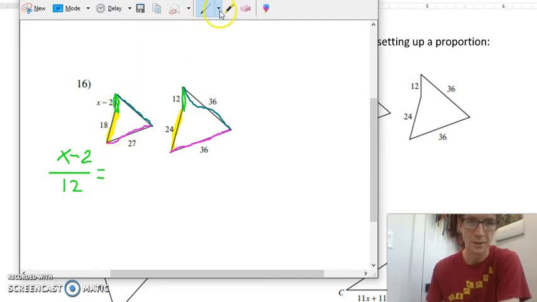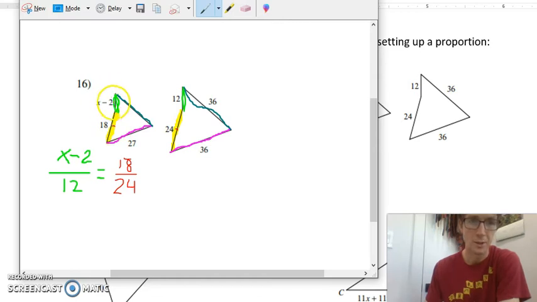And I'm not going to write it in yellow because that wouldn't be too easy to read, so I'm going to do it in red. But that is equal to 18 over 24.